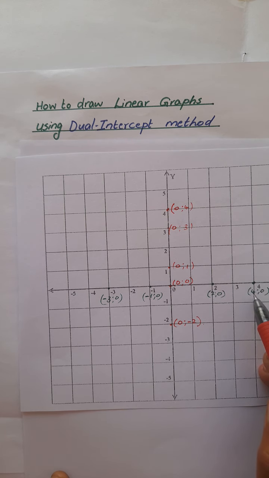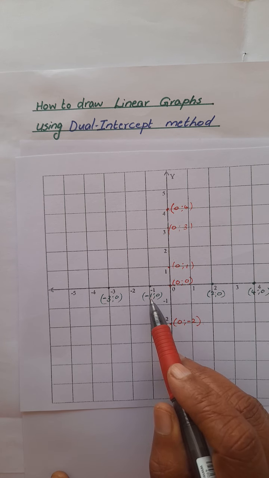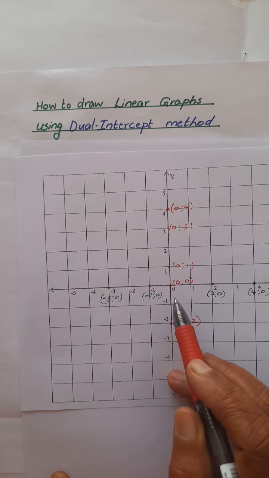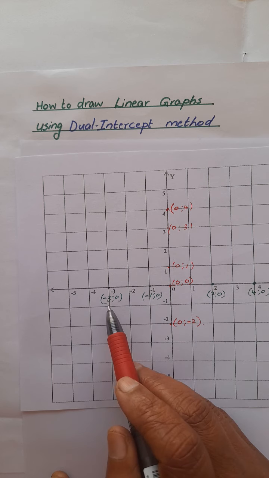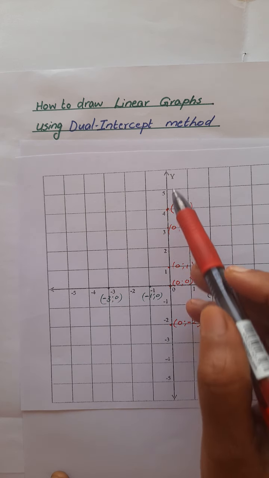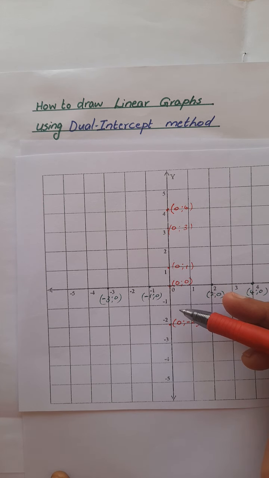At this point it is 4, 0, and here it is 2, 0. Here it is 0, 0, the same as on the y-axis, and here it is negative 1, 0 and negative 3, 0.